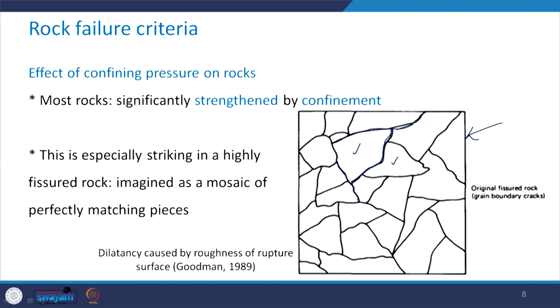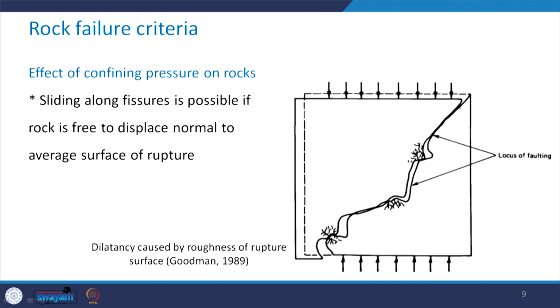Now, that fracture plane can be anything. Let us say, for example, that you have an average fracture plane along this. You can have any fracture plane along any of the combinations shown in this figure.